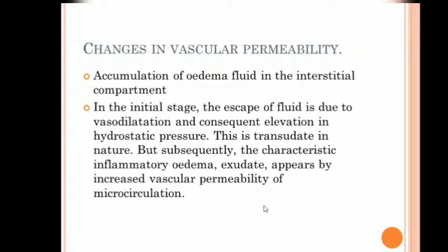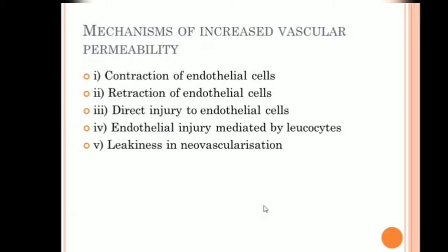Now let's look into the mechanism of increased vascular permeability. In acute inflammation, the normally non-permeable endothelial layer of the microvasculature becomes leaky. First, we have contraction of endothelial cells. The endothelial cells develop temporary gaps. In a later slide I'll show a diagram of all of this.